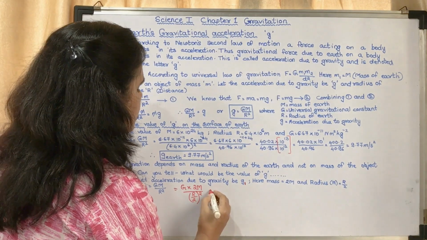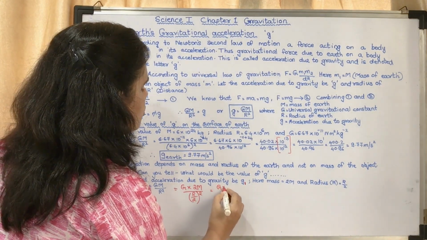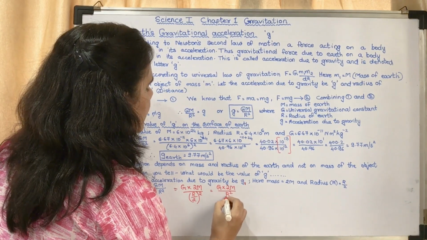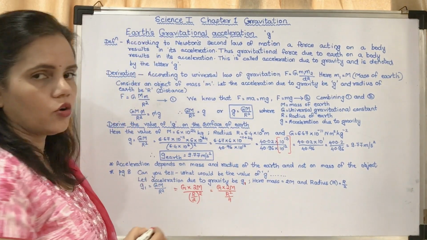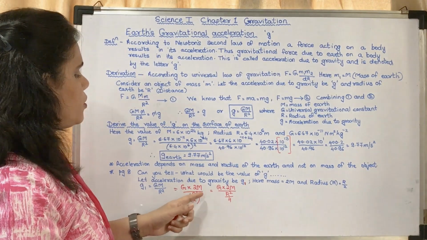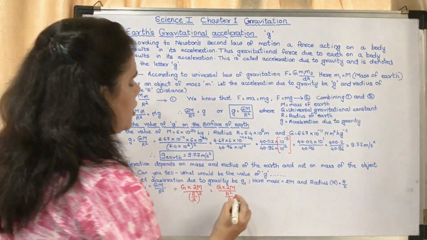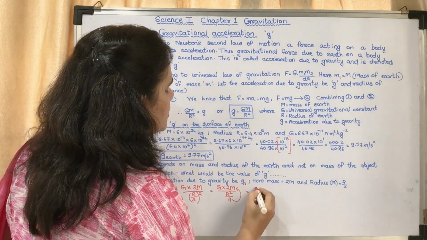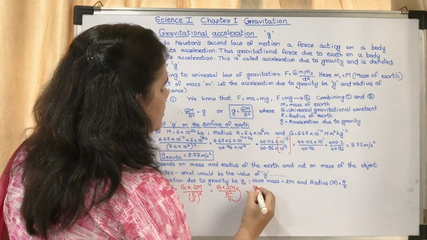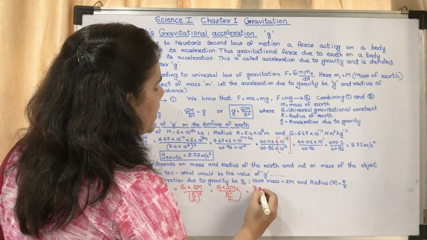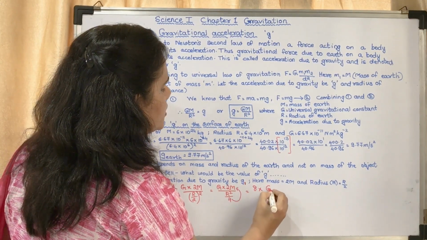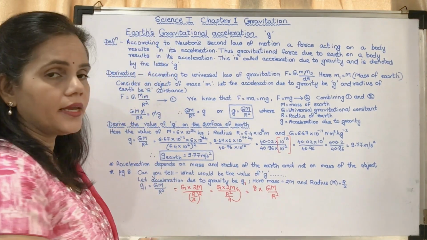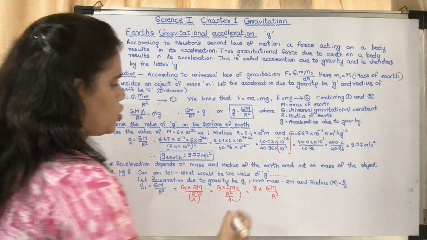Now this equation will come to G into 2M upon R square upon 4. Now R upon 2 whole square is R square upon 4. This 4 will go upwards, so 2 into 4 will be 8. 8 into GM upon R square.